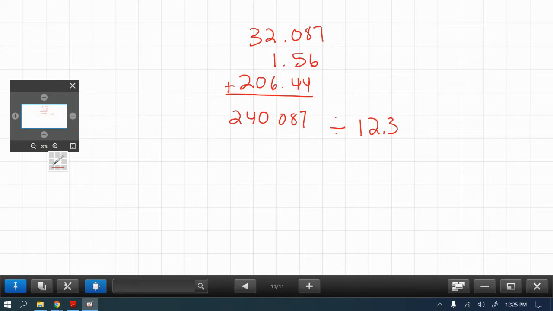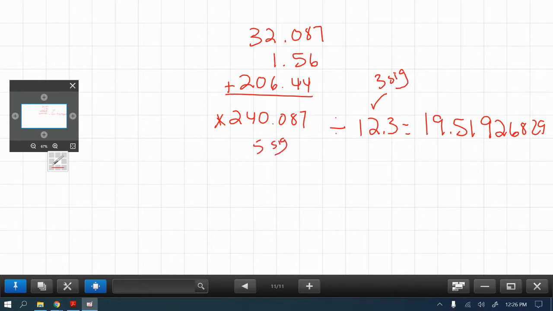Okay. So I just added, didn't round or do significant figures for this number, just brought it straight down, divided by 12.3, and I got 19.51926829. This has 3 significant, and that has 5. So 3 is going to be the lowest.